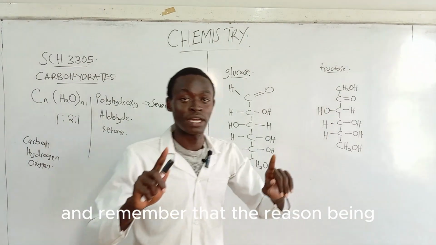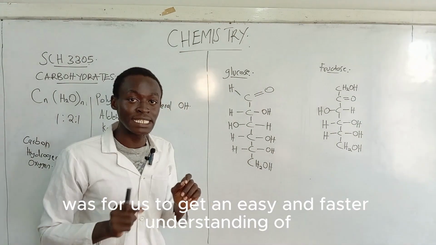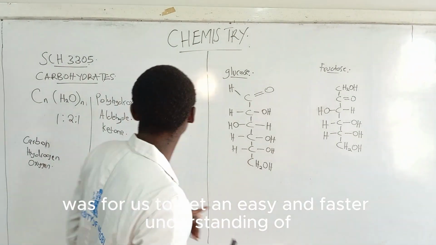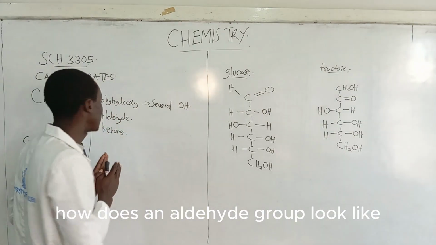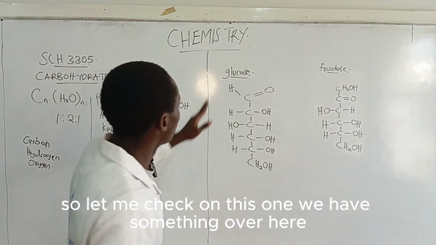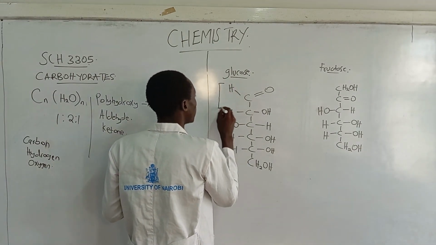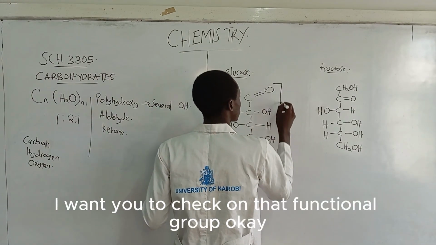Remember that the reason I drew them was for us to get an easy and faster understanding of how an aldehyde group looks like and how a ketone group looks like. When we check on this one, let's look at the functional group.